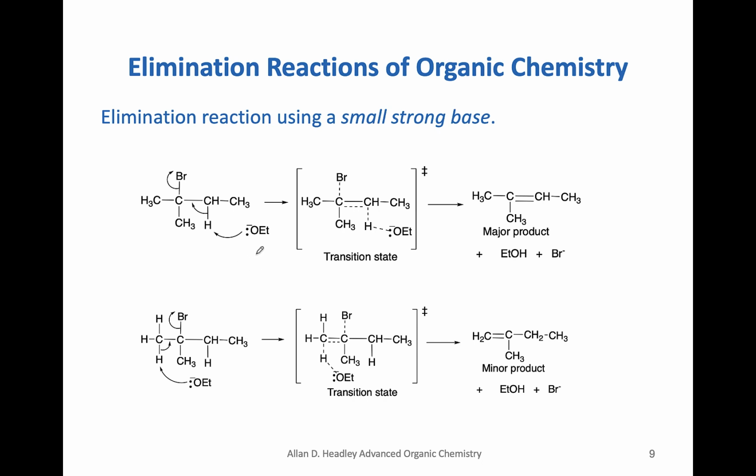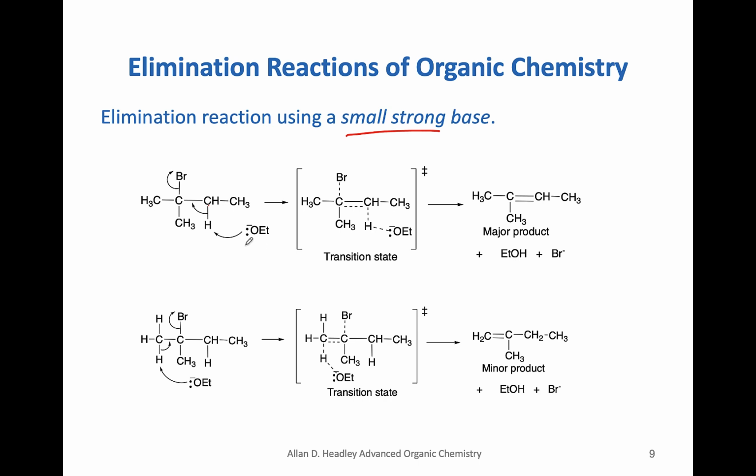Let us look at the reaction again, applying what we just learned to using a small base. So here's a small base. Here is the electrophilic carbon with the leaving group here. In fact, this carbon has an adjacent carbon with a hydrogen, and notice it also has an adjacent carbon here with 3 hydrogens.